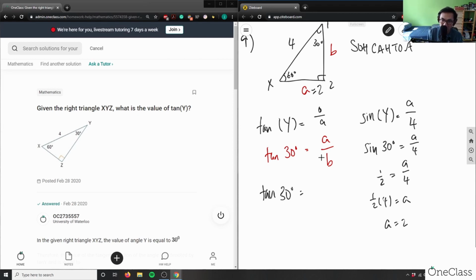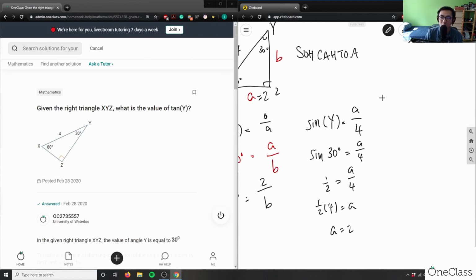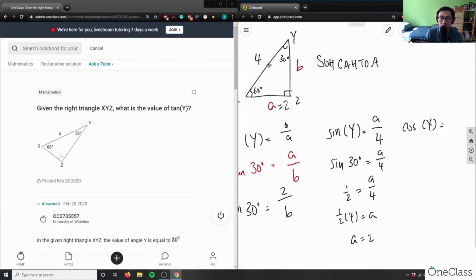So tangent 30 equals A over B, which is 2 over B. I can solve for B using another trigonometric ratio, cosine. Cosine of Y is the adjacent over the hypotenuse, so it's B over 4.